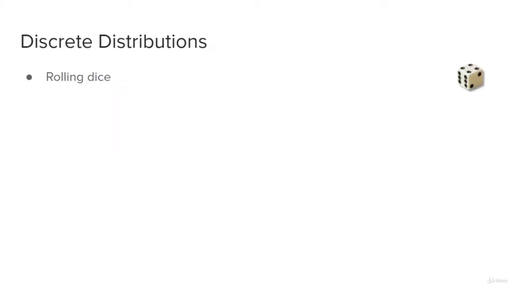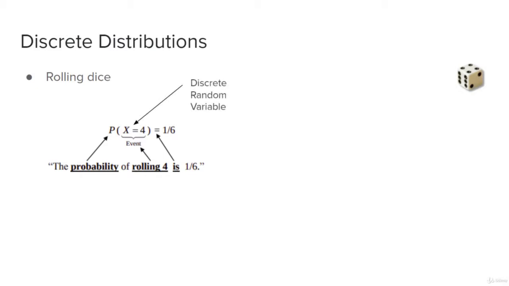So coming to discrete distributions, we're going to study an example, which would be the rolling dice example. In the rolling dice example, we are going to calculate the probability of a particular occurrence of an event. So the x over here would be our discrete random variable. Whenever you get a problem, you have to think intuitively, and just before applying all the mathematical concepts, take a moment and think about what we're dealing with here.